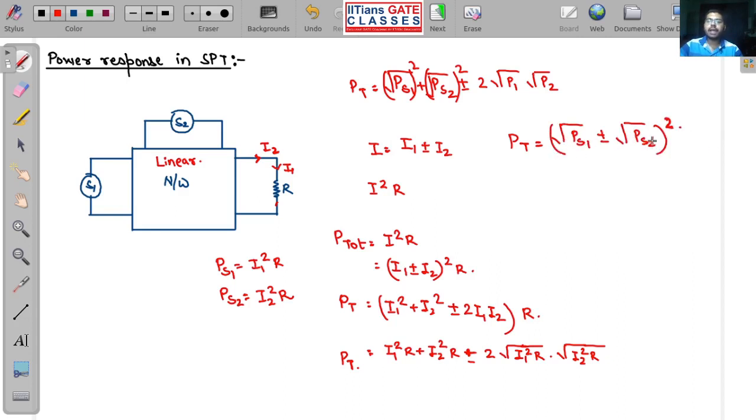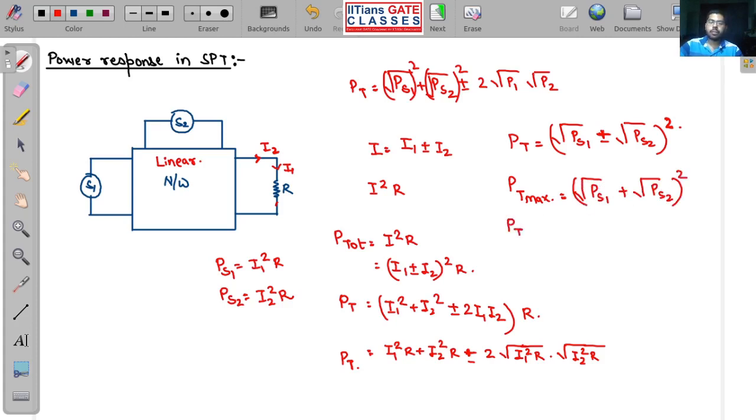So what will be the maximum power? PT max will be when both the currents are additive. So it will be under root of PS1 plus under root of PS2, whole square.